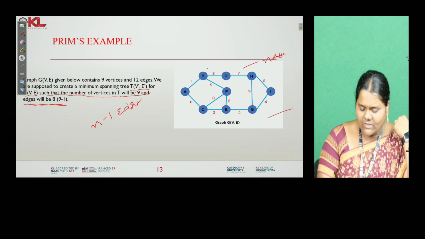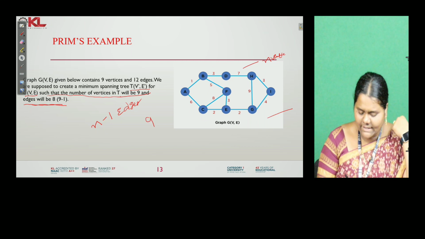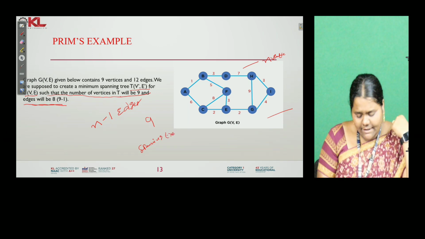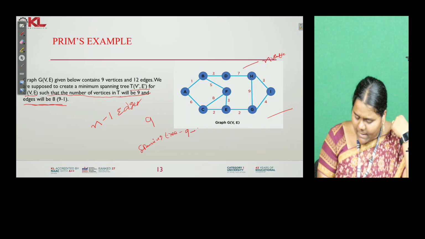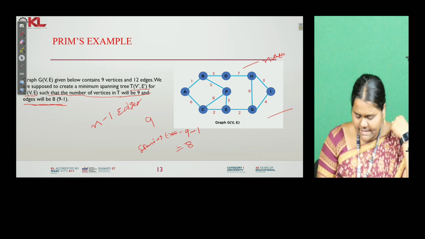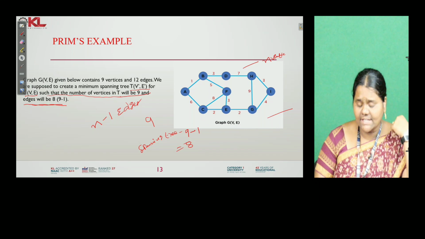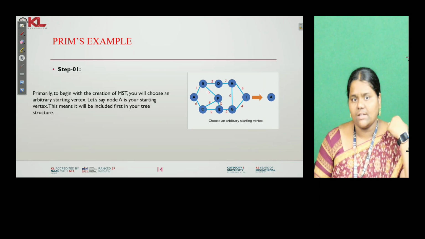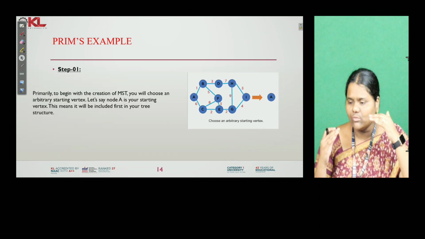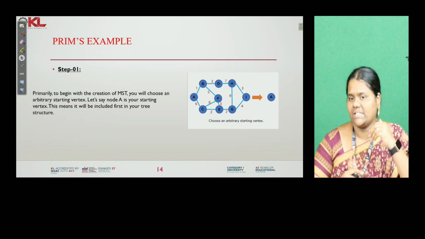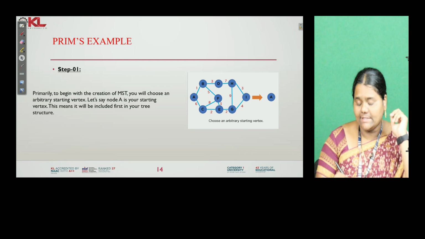So, here the graph contains 9 vertices, so the spanning tree contains 9 minus 1 edges, that is 8. Right? Next. So, this is the given graph for Prim's. Step 1. How can we find the minimum cost spanning tree by using Prim's algorithm? So, this is the example.